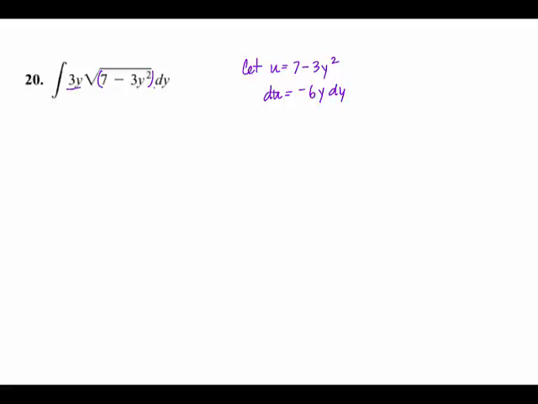So our du is -6y dy. What we want to do is solve this equation for what we have in the integrand, y dy, which means that -1/6 times du is equal to y dy.